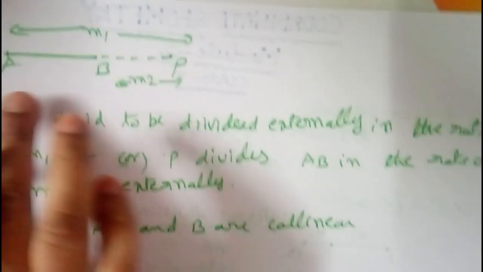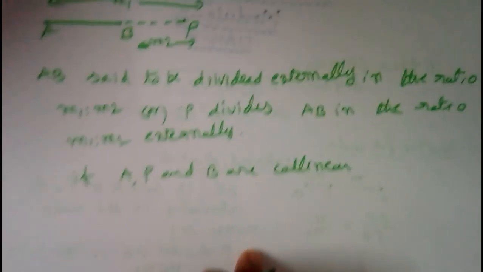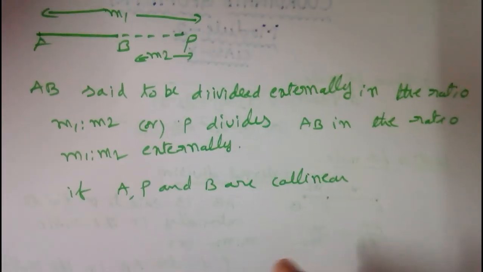Collinear means the points that lie on the same line are called collinear points. Here the points A, P, B are collinear.